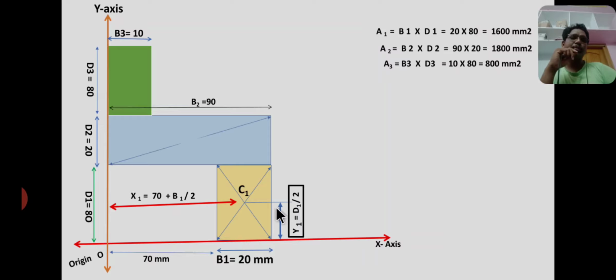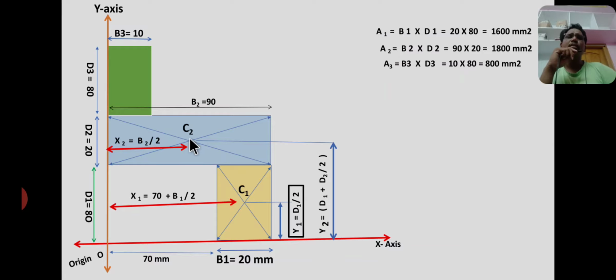Now similarly I am drawing the diagonal lines for section 2. C2 is the centroid of the second rectangle at a distance of x2 from the y-axis and y2 from the x-axis. The horizontal distance between C2 and the y-axis is called x2.